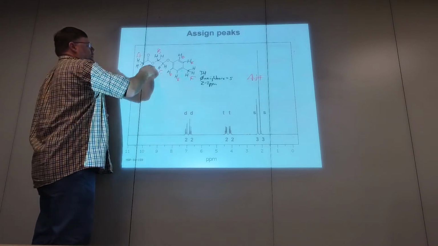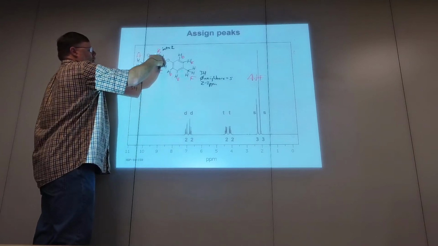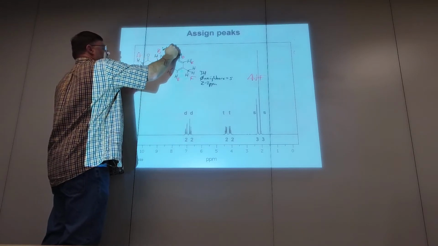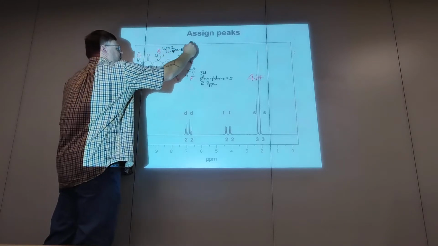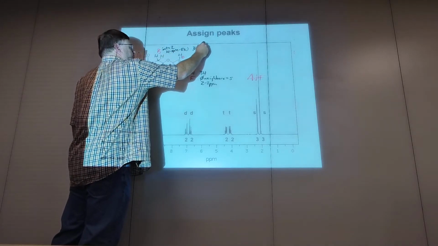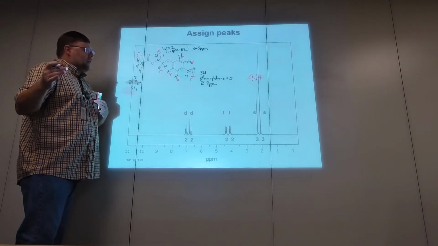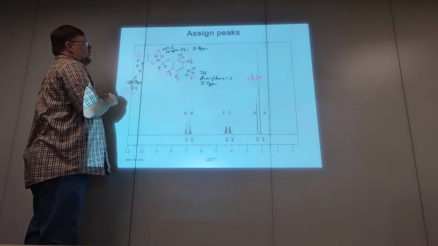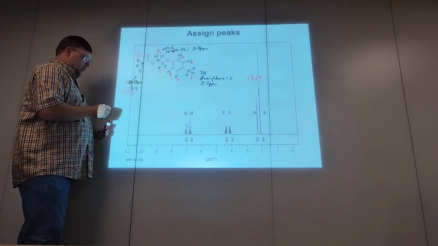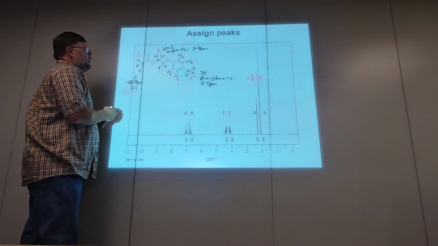Again, B, 2 protons. Integration is going to be 2. H on an sp3 carbon bonded to an electronegative atom. That's going to put us 3 to 5 parts per million. I know that from the slides back a ways, and you guys are free to use them. Now, how many neighbors does proton B have? The magnetically equivalent protons can't be neighbors.